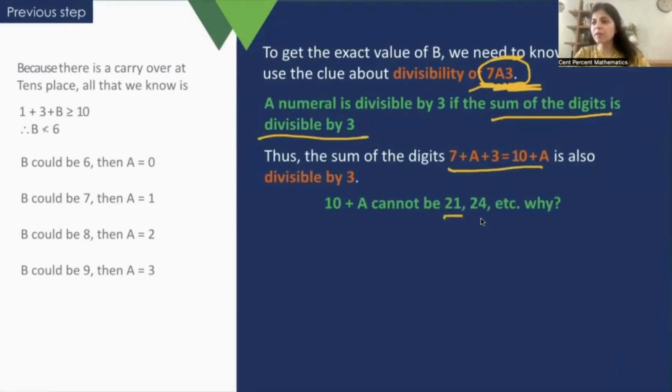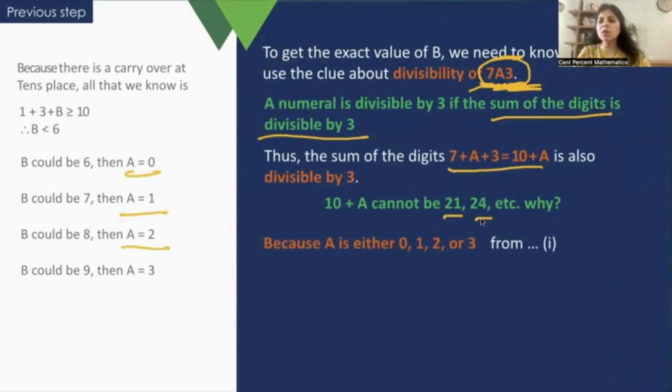Why? Because A is either 0, or 1, or 2, or 3. So you have to choose from these 4 options the possible value of A, such that 7A3 is divisible by 3.